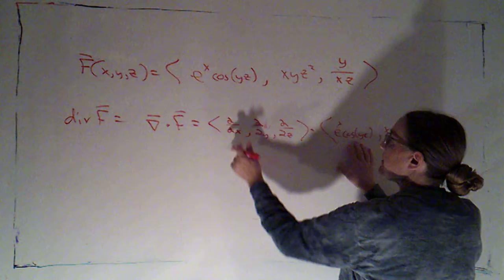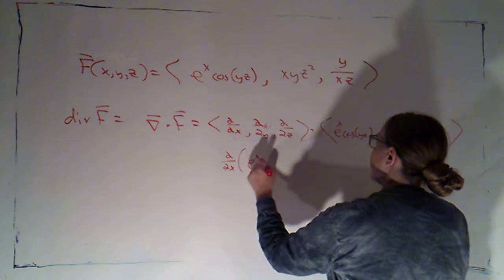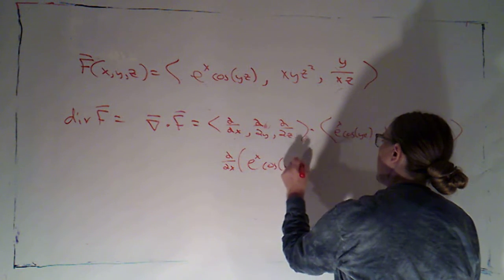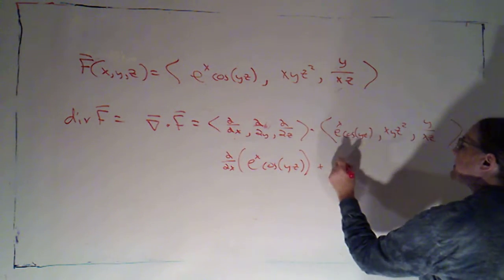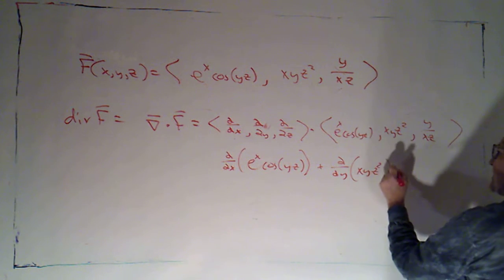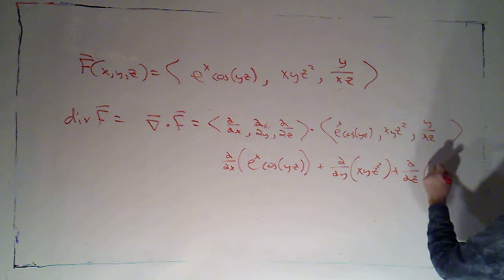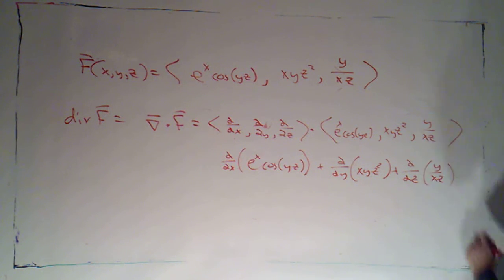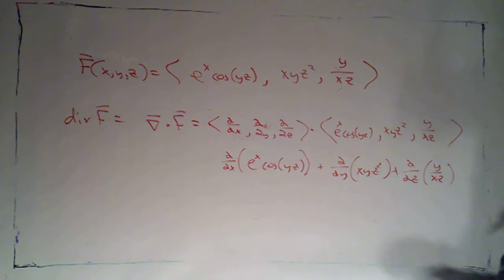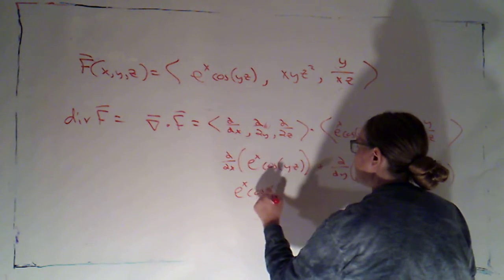So I'm going to get the partial with respect to x of e to the x times cosine of yz plus the partial with respect to y of xyz squared plus the partial with respect to z of y over xz.